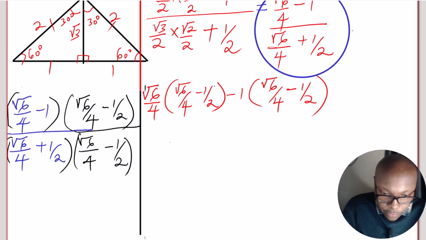So this will give root of 6 divided by 4 multiplied by root of 6 divided by 4. That will give 6 divided by 16, and that will simplify to 3 over 8.